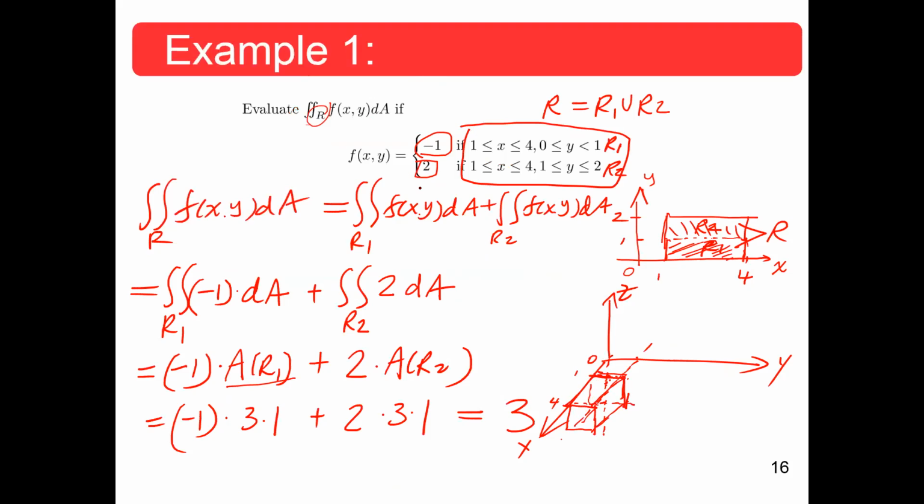The second solid has the function value 2, so the height will be 2, and it is over the region between 1 and 4, and 1 and 2. So 1, 2 is here, and this time the height will be 2, so you're going to go up for 2. You'll have a second solid, which is above the xy plane. The first solid is under the xy plane.